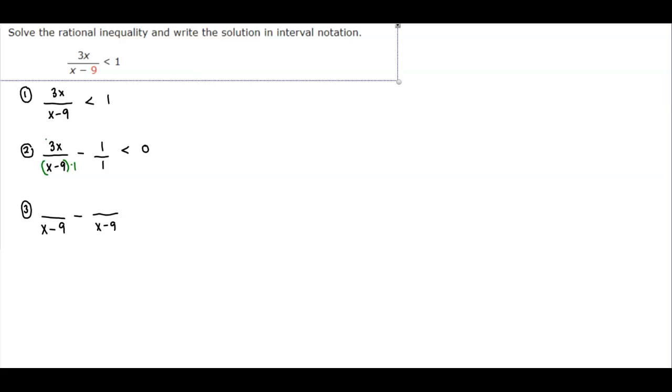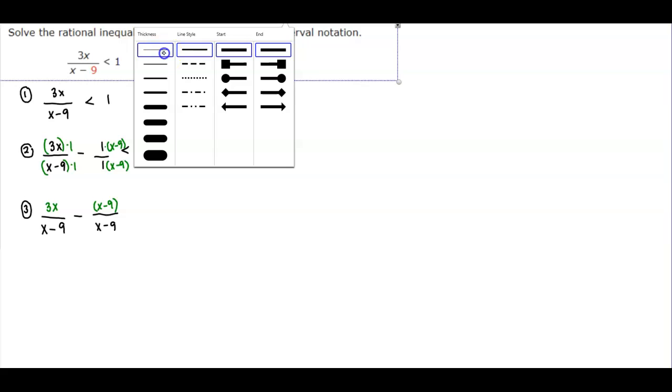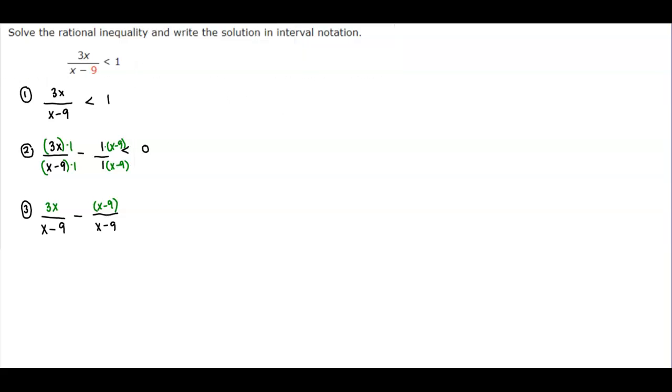Well, that's 1. And what do we need to multiply 3x by? Well, that's 1, so 3x times 1 gives us 3x. The 1 we need to multiply by x minus 9 to get x minus 9, which means we do the same thing to the numerator: 1 times x minus 9 gives us x minus 9. And that is less than 0.